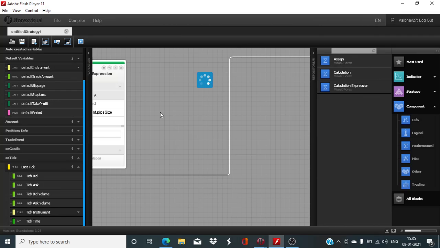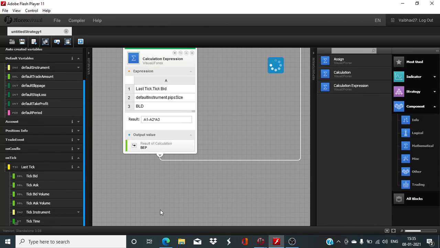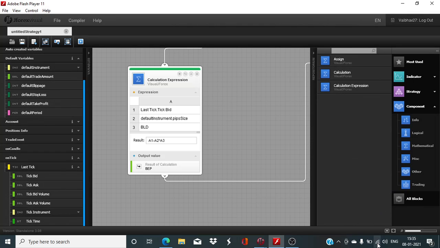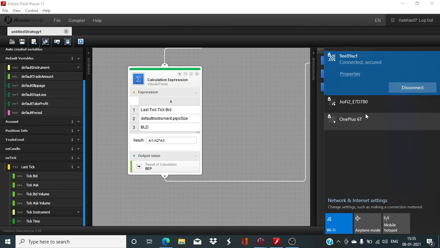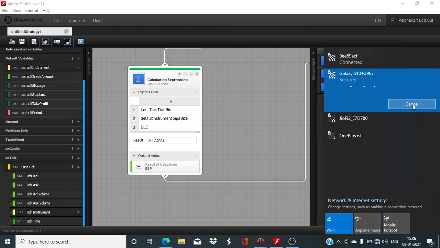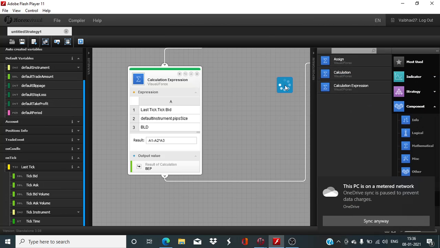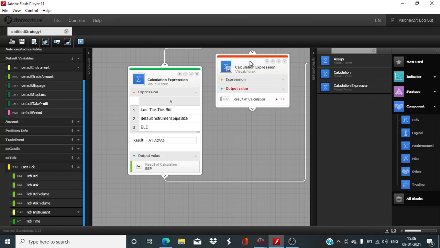So instead of that, let me try to explain to you using this variable which we can see. Let me see if I can manage it fast. Okay, we have changed the internet option. Okay, now let us see if it will work. Okay, thankfully.